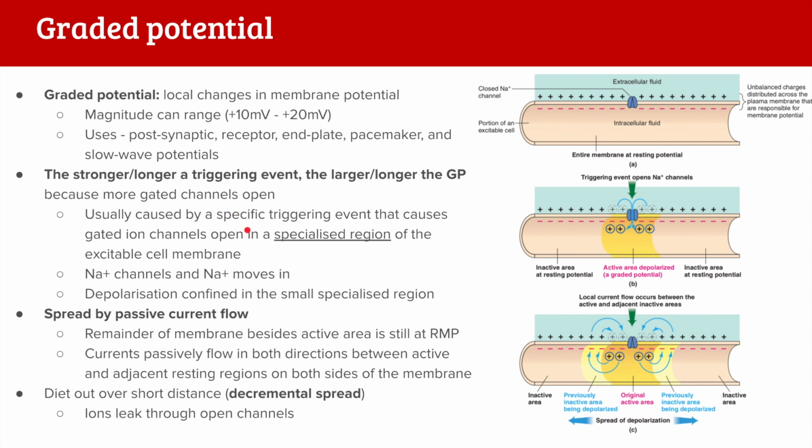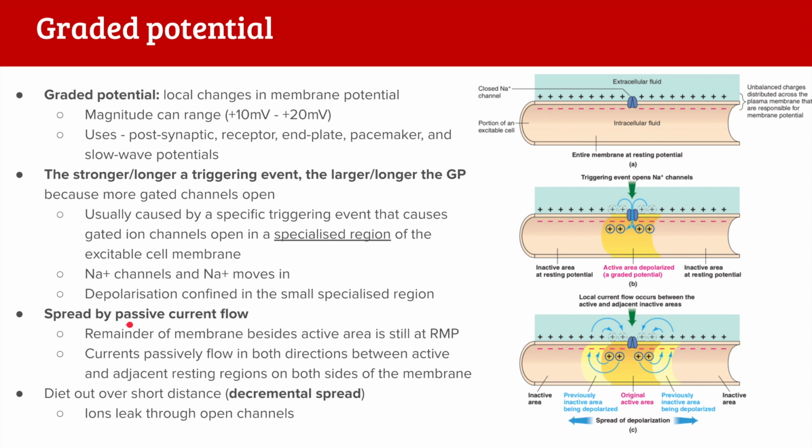They're usually caused by a very specific triggering event that causes gated ion channels to open in a specialized region of the excitable cell membrane, just this particular region. Sodium channels open, sodium moves in, and depolarization is confined to this small specialized region.